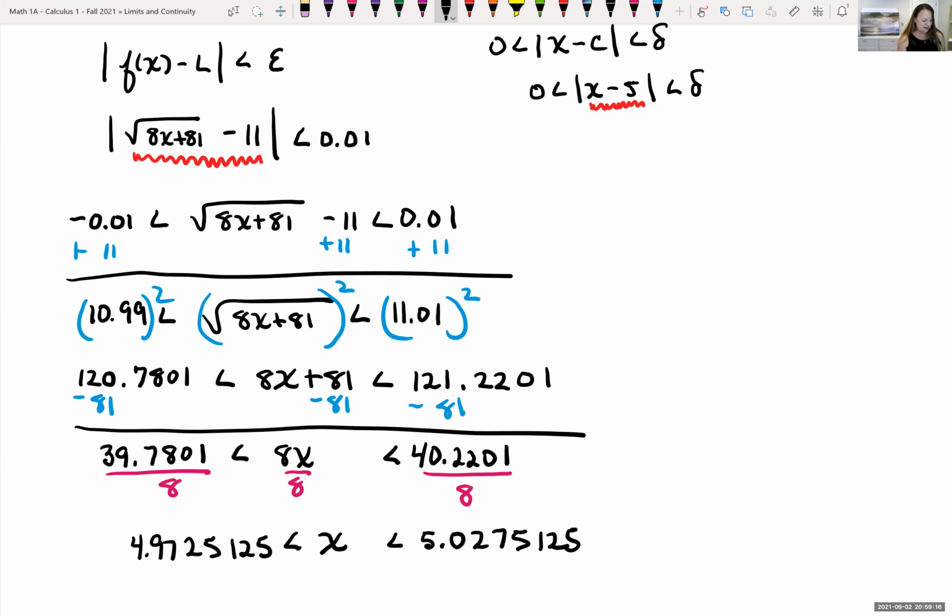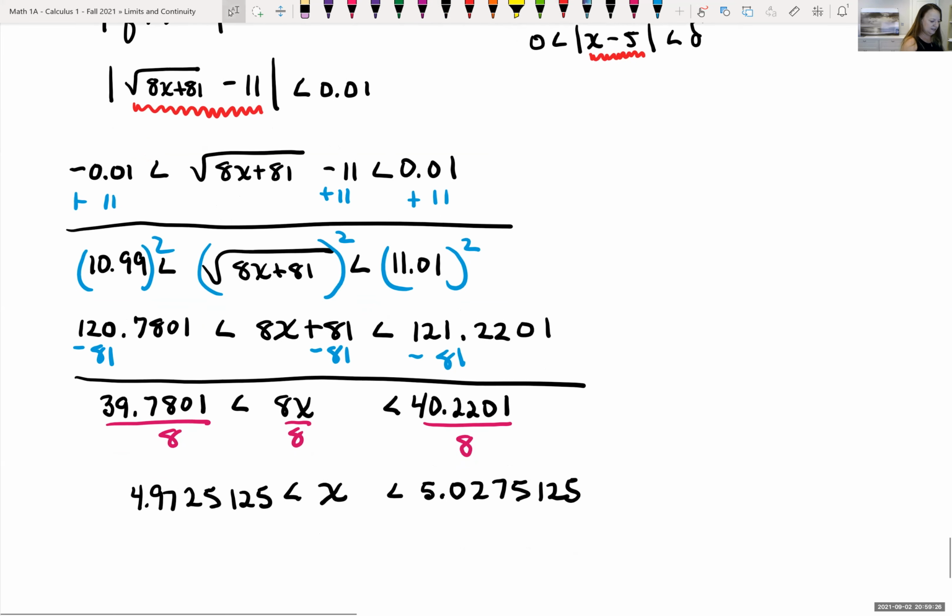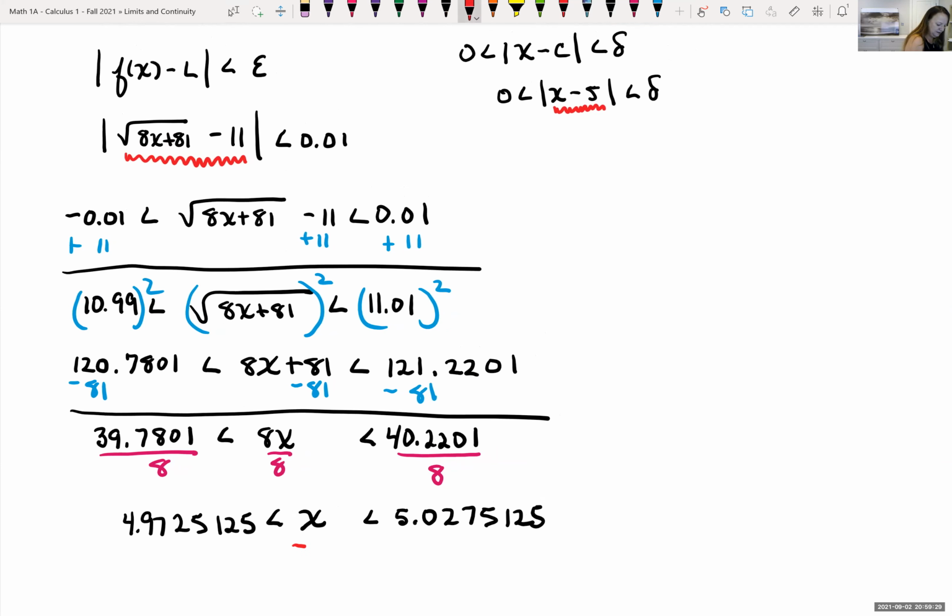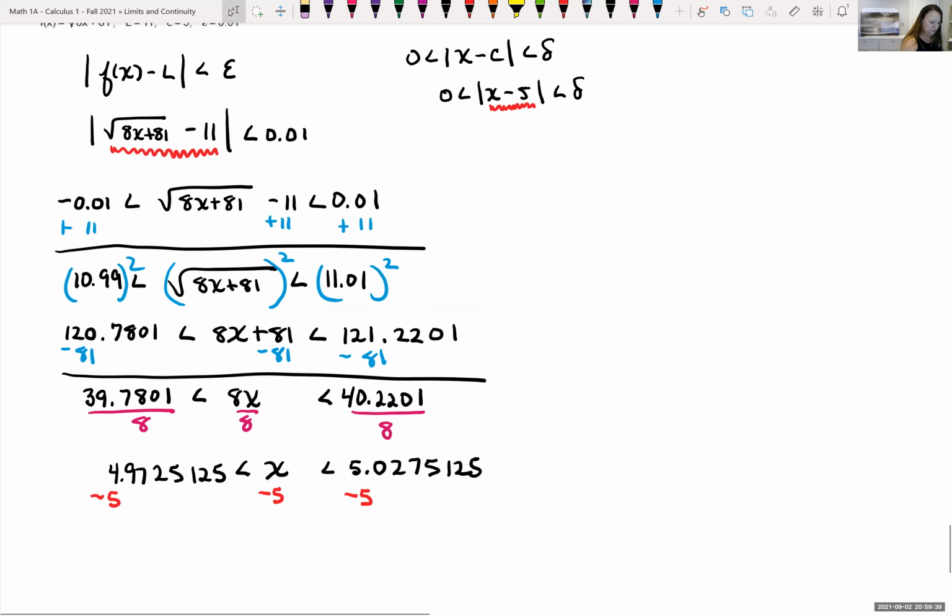I'm almost there. I want x minus 5. And so notice that if we subtract 5 from each piece, so if I subtract 5 from the first piece, I'm left with negative 0.0274875 is less than x minus 5 is less than.